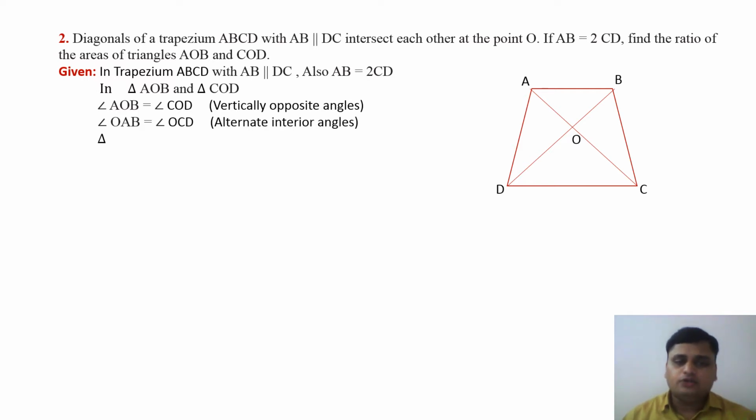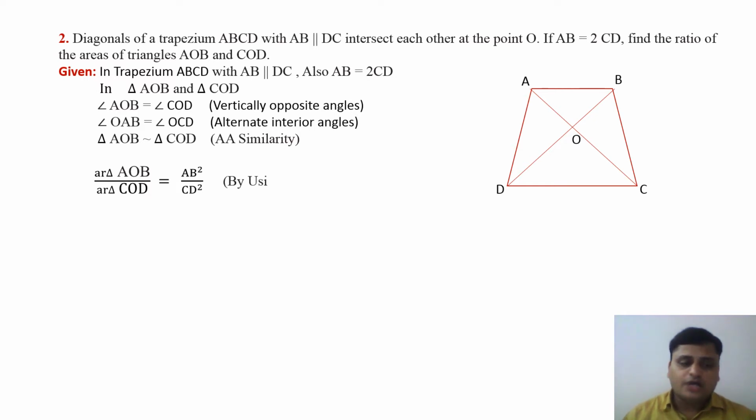So triangle AOB is similar to triangle COD, and if triangles are similar, by the theorem of similarity we can say that the area ratio of both the triangles is equal to the ratio of their corresponding sides squared. That is, area of triangle AOB upon area of triangle COD is equal to AB square by CD square. And we will write the reason, that is, using the theorem of similarity.